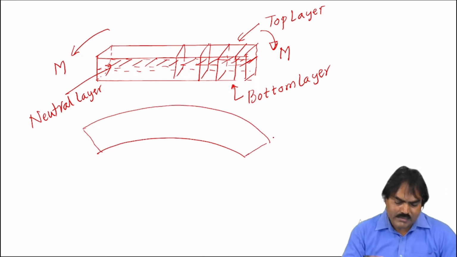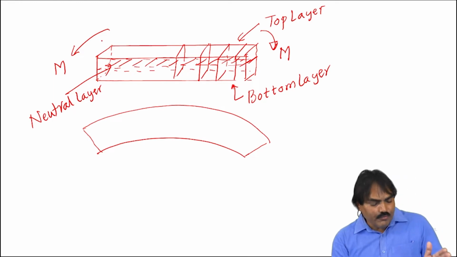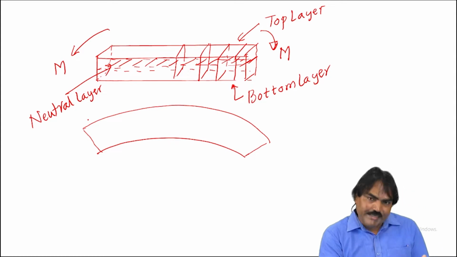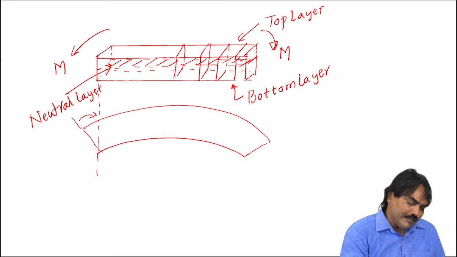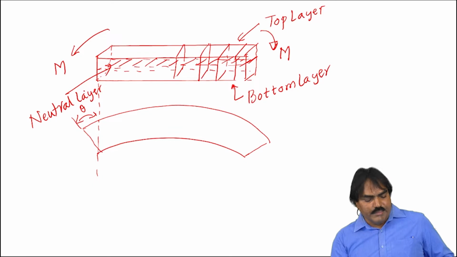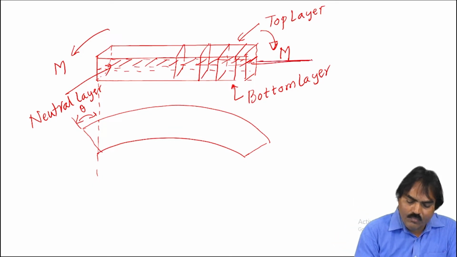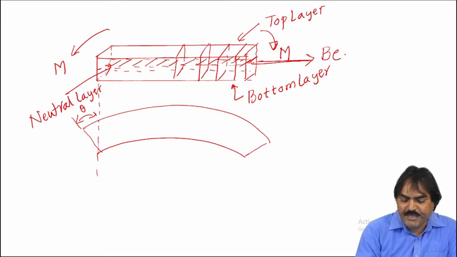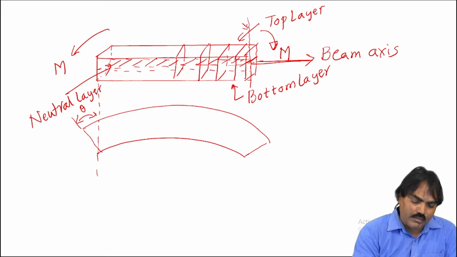The beam will bend like this, so that the cross section which remains vertical before loading also remains straight, but with respect to the initial position, this will undergo rotation by an angle theta. If this is the axis of the beam, this is the beam axis. Generally, the vertical axis will be the load axis, where we can apply the load in this direction.